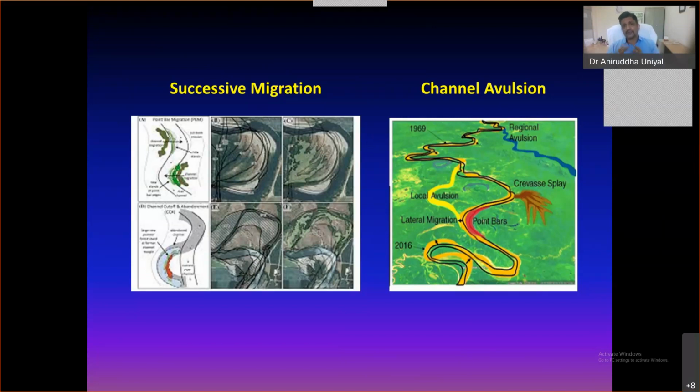But when the river enters from the hill regions to plain regions, the gradient changes and the velocity also decreases. So the river is not capable of carrying that sediment, and it deposits it at the junction of hills and plains, which is called the foot region of the hills or the Piedmont zone.